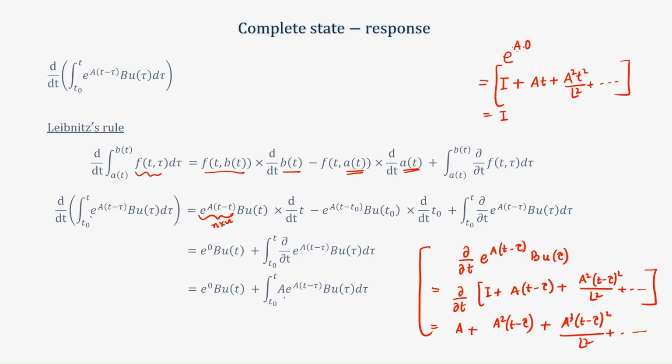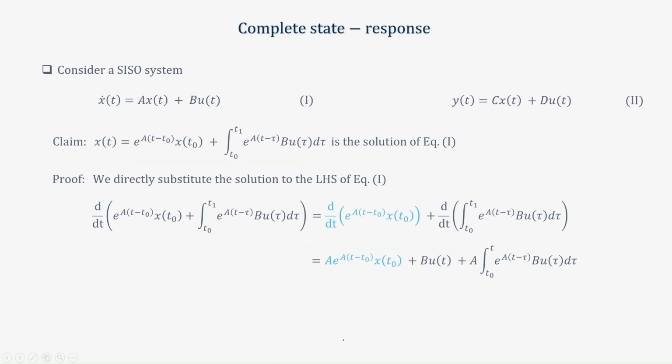Now, notice that this will be the expression. A I can take out, e to the power 0 has been replaced by the identity matrix into B, and then A I am taking out. So, this is the expression that I am left with, and I will use it in this term. I am replacing this part with this, and now what am I getting? You can see this is the expression that I had already seen coming out when I differentiate, and from this part I am getting this part of the expression.